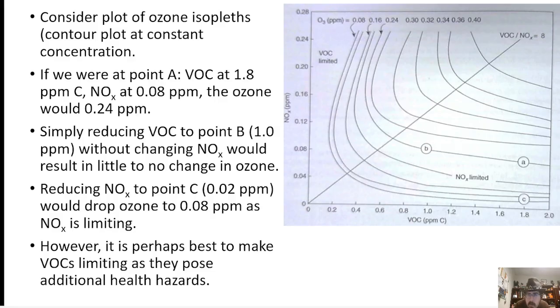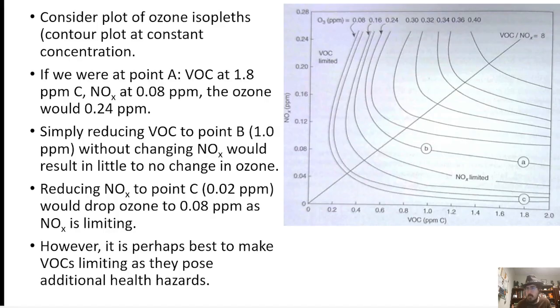Looking at this isopleth, if NOx is limiting, reducing the limiting reactant reduces how much product you can get. Going from A to B, removing some of the excess reactant didn't really affect how much would form. However, it's often better to try to make the VOCs limiting, as they pose additional health hazards. So we want to be on the top half of this plot, if possible.